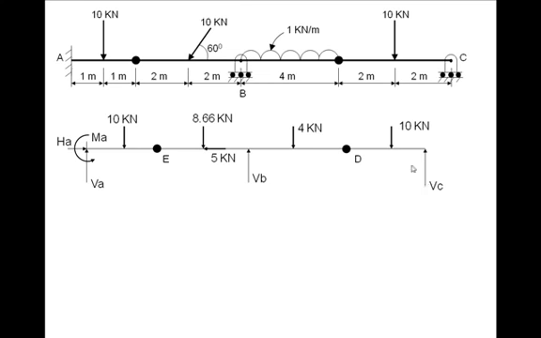Now if you look at it closely, there is a cantilevered beam from A to E, then there is another beam from E to B. E and D are internal hinges, and then there is a third beam from D to C. The only way we can solve these reactions is if we separate this beam from this single combined beam. See how I do it.